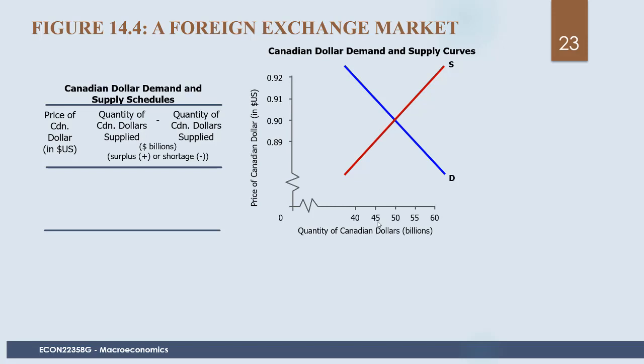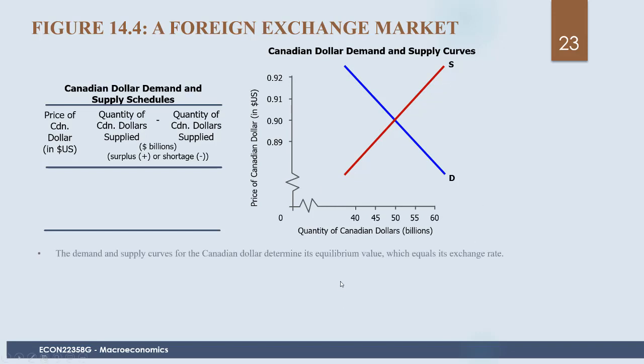The more value our currency has, the more you go in this upward direction, the more we'd want to buy from the US. It's basically like we're getting a discount on the product. And so the higher this value is, the more we would want to be supplying our Canadian dollars in order to buy foreign currency. That's why this is upward sloping.